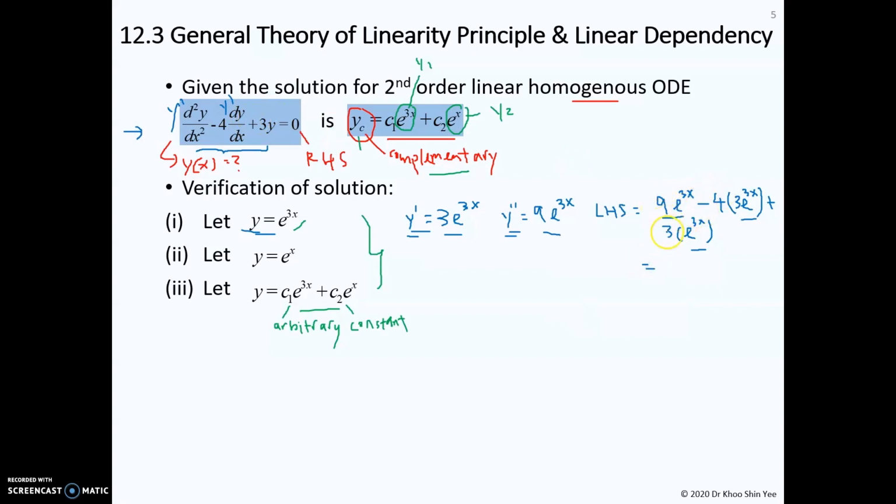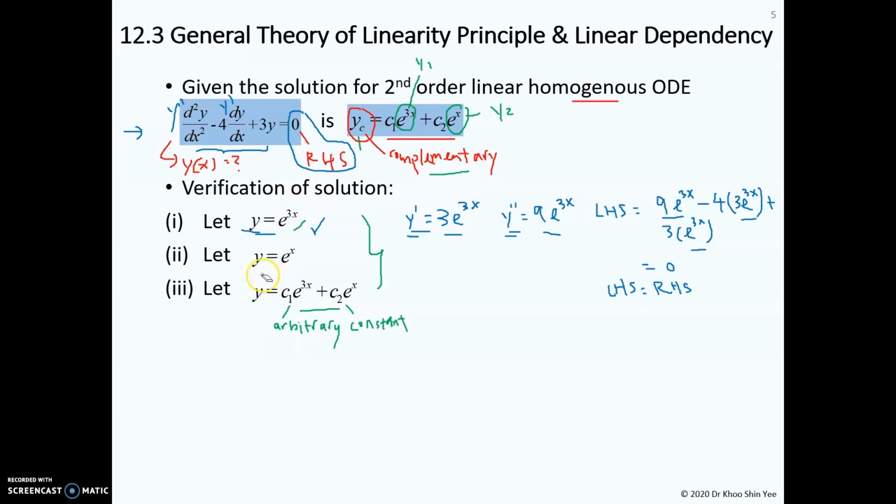So 9 plus 3, 12, minus 4 multiplied by 3, you get 0. When you compare to the right hand side, which is also equal to 0, since the left hand side is equal to the right hand side, therefore we can conclude that y equal to exponential 3x here is the solution for this ODE.